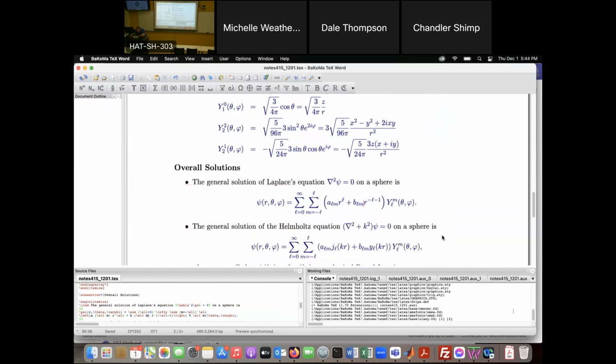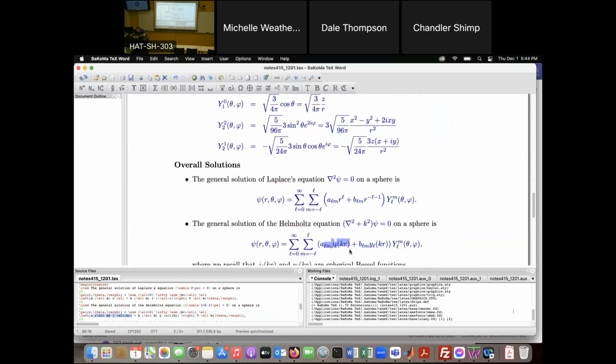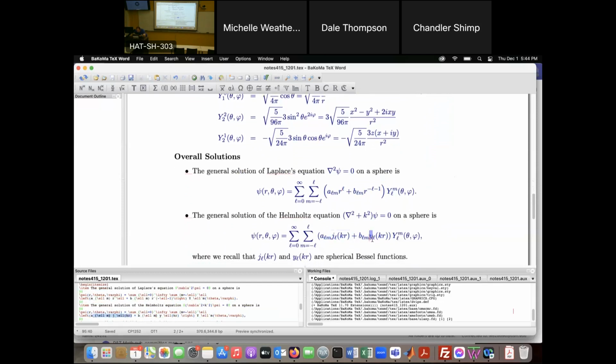Similar for Helmholtz equation, the format of the solution is exactly the same. It's just, again, the solution of the r ODE is very different. The solution for the Helmholtz equation is in terms of, instead of powers of r like we have for Laplace, these spherical Bessel functions that we had seen some time ago.